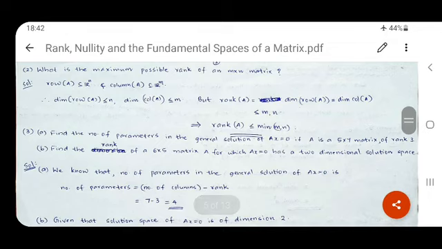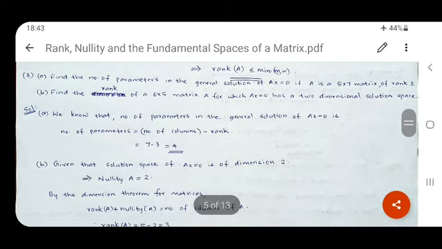The third example has 2 parts. Part A: find the number of parameters in the general solution of Ax equal to 0 if A is a 5 by 7 matrix of rank 3. And part B: find the rank of a 6 by 5 matrix A for which Ax equal to 0 has a 2-dimensional solution space. For the first part, we know that the number of parameters in the general solution of Ax equal to 0 is the number of columns minus the rank of the matrix, and it is 7 minus 3 equal to 4.